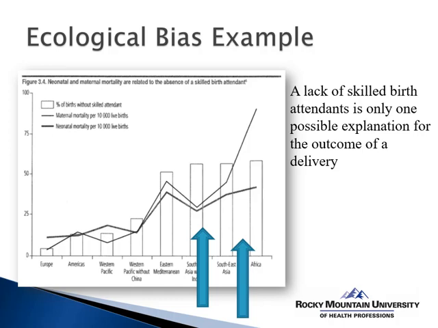So a lack of a skilled birth attendant there is not necessarily a reason why. And it may mean that there are other reasons, like why is Southeast Asia and Africa just skyrocketing? What's going on in those areas compared to the others?